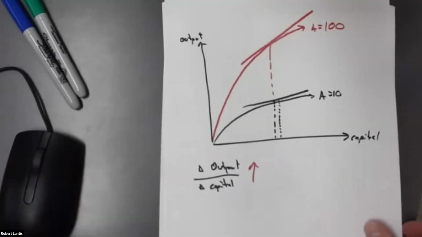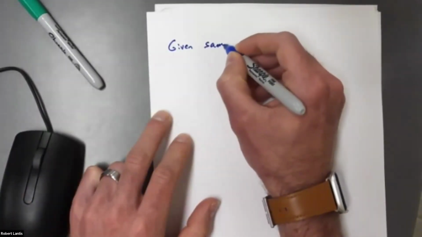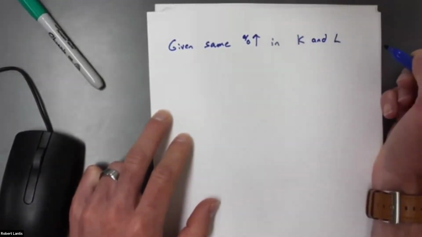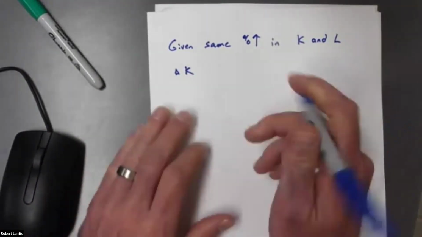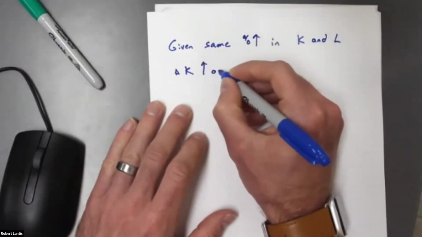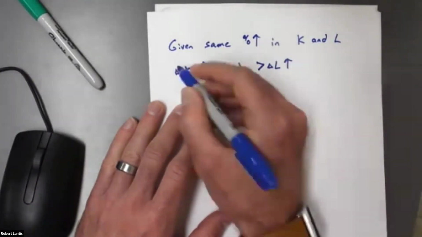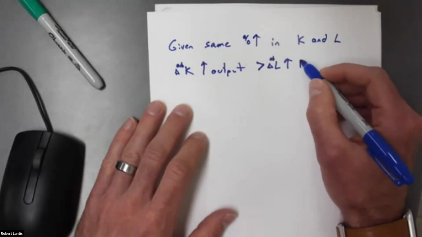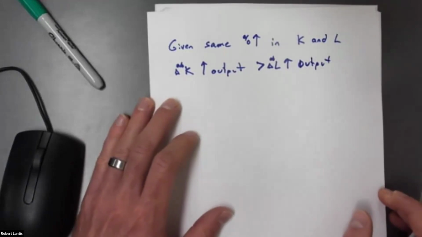So one way you might summarize this is: given the same percentage increase in capital and labor, the change in capital will increase output by more than that same percentage increase in labor increases output, right?